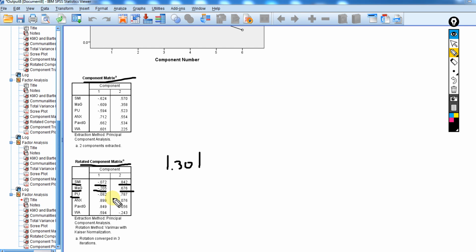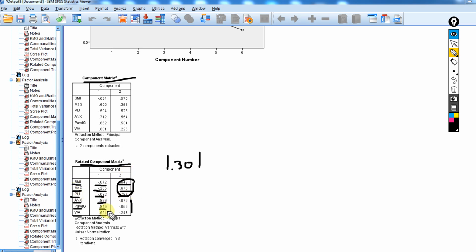So, right there, when you look at anxiety, performance avoidance, and work avoidance, you can see that all of these correlate most highly with component 1, and pretty negligibly with component 2. So what this means is that I would use these 3 variables right here and name component 2 based on these 3 measured variables, and I would name component 1 based on these 3 measured variables.